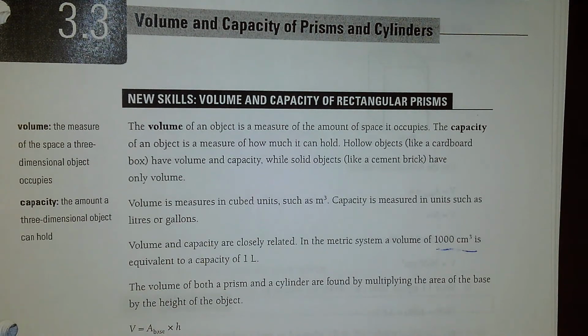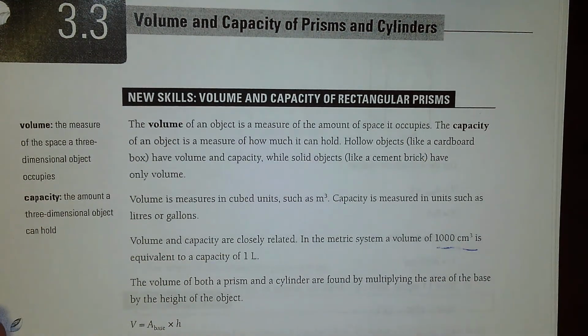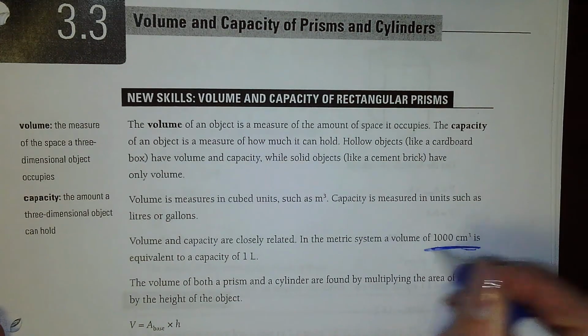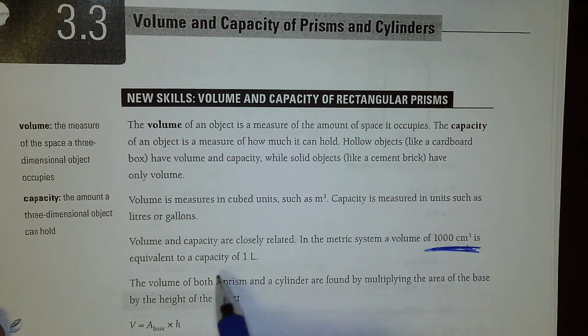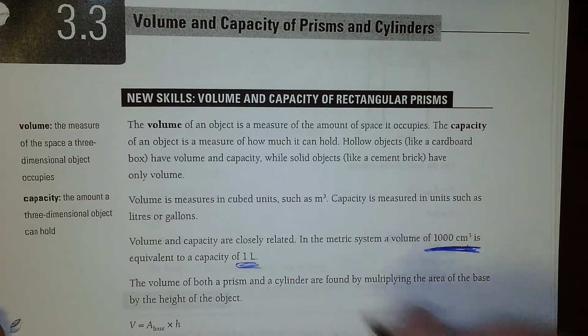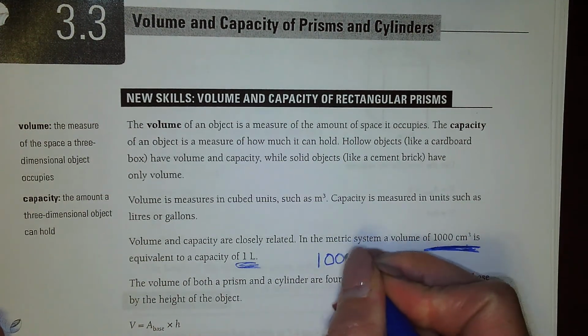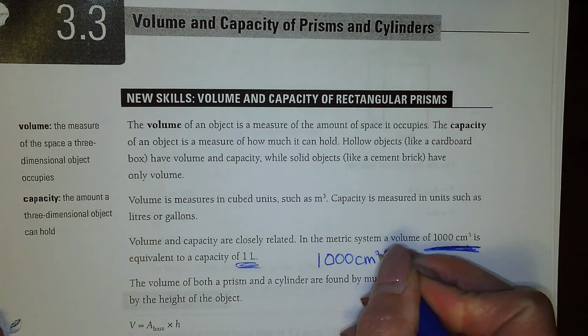I will just make a quick note here, and you might want to write this somewhere: 1,000 centimeters cubed is equal to 1 liter. So put that somewhere where you can remember.